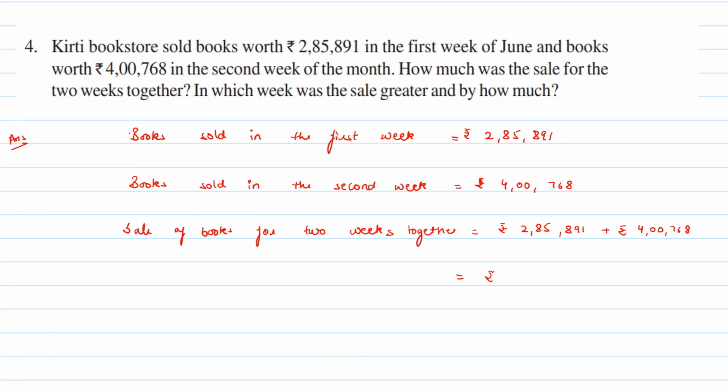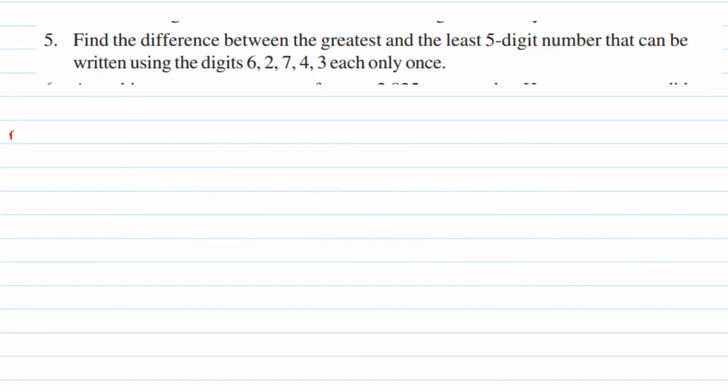It will give you the answer in rupees. Again, keep in mind the commas and everything. Do not get confused, and also the units, like whether it is in rupees or paisa. Final answer is 6,86,659 rupees. Okay.